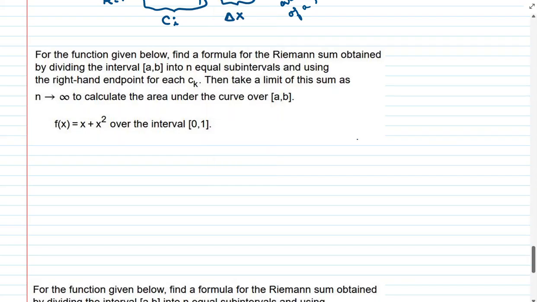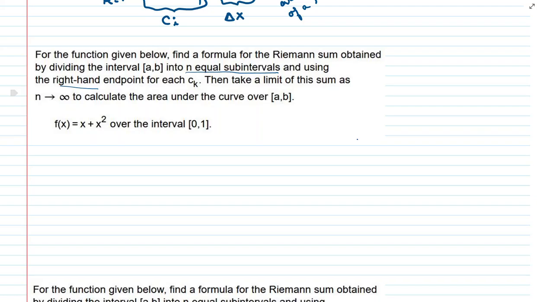All right. So here it says, for the function below, find the formula of the Riemann sum obtained by dividing the closed interval a to b into n equal subintervals, and using the right-hand endpoint for each c of k of the sum as it approaches infinity to calculate the area.